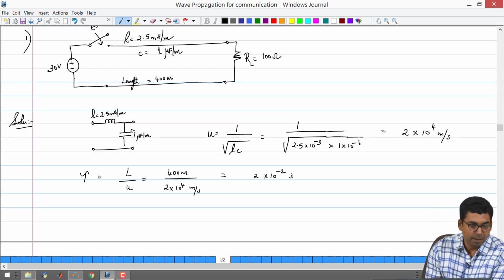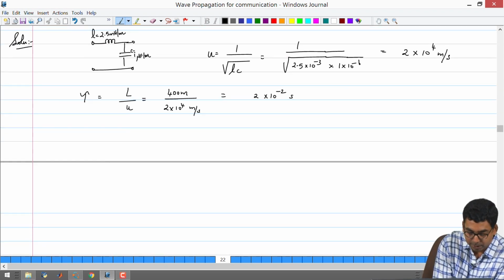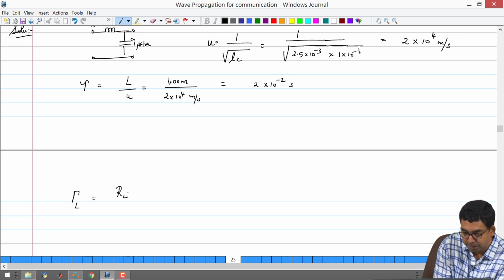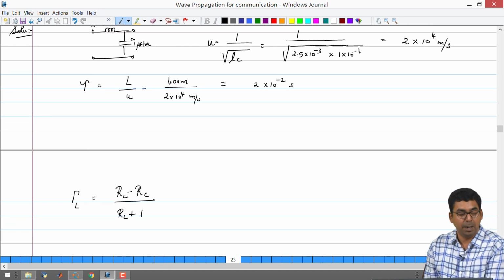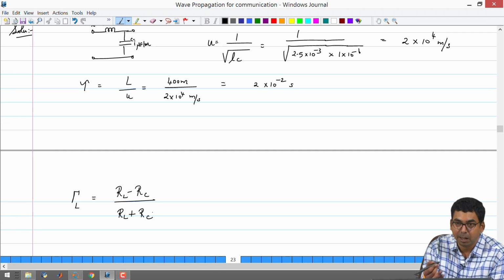Okay, and we can go ahead and calculate a few more things from whatever we know. Let's say that we want to calculate the load reflection coefficient gamma L. It's RL minus RC divided by RL plus RC. First of all, we need to estimate RC. The value of RC can be determined because we know the value of L and C. In this case, it is going to be 50 ohms.